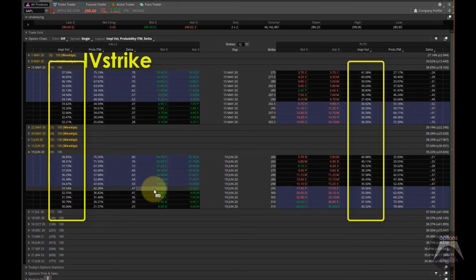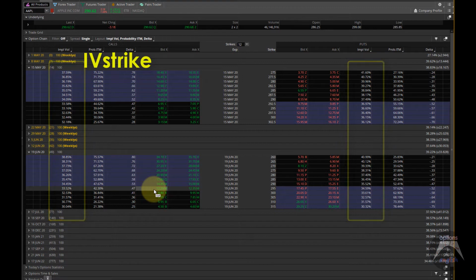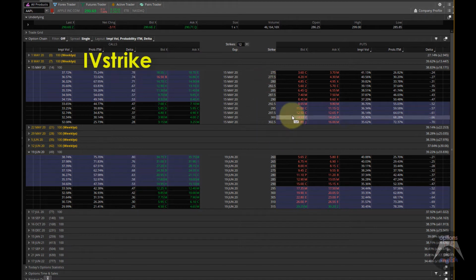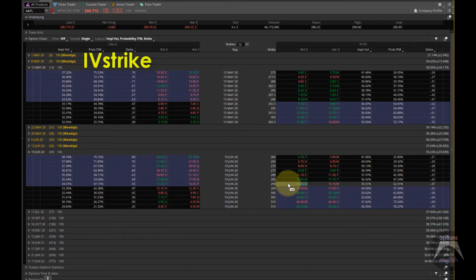Now, is it important? I would say yes, because that is the closest you can get to an actual value of implied volatility that is not theoretical. It's an actual value, because it's being traded in real time right now. If traders start bidding up a certain strike or the options of a certain underlying, that would affect the implied volatility for that underlying, and the overall implied volatility value is going to be bid up.